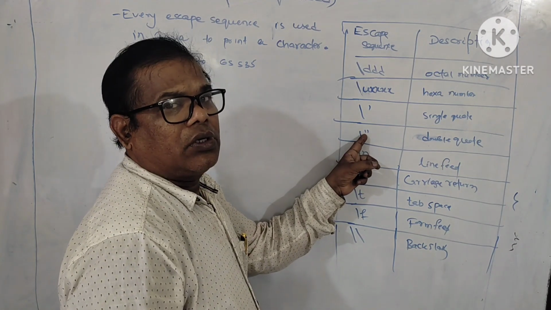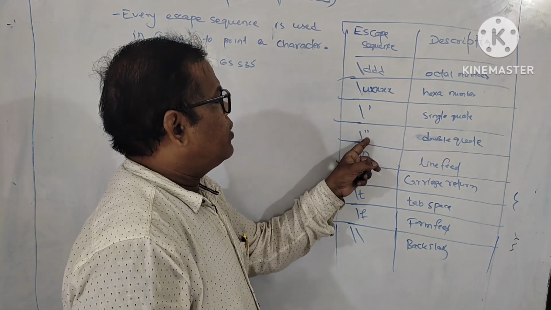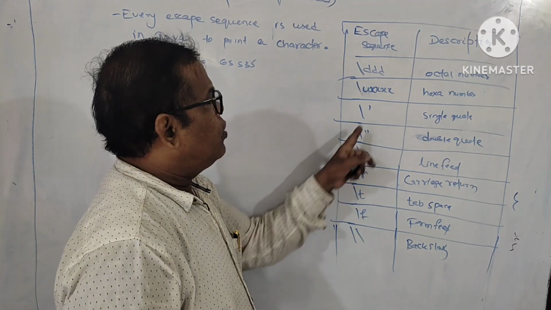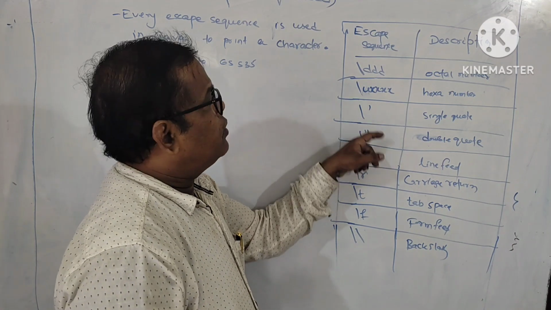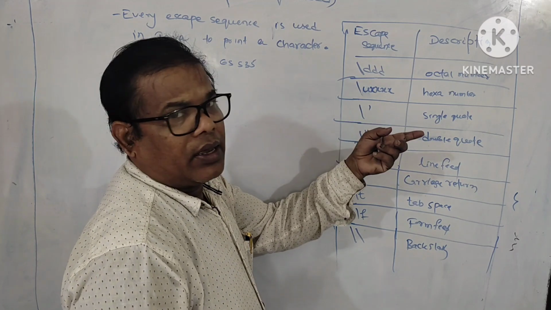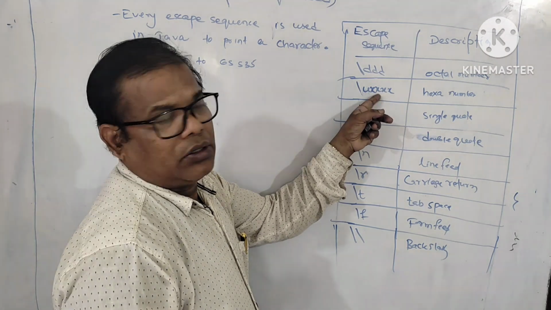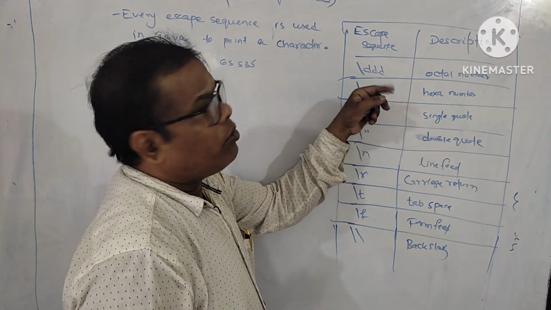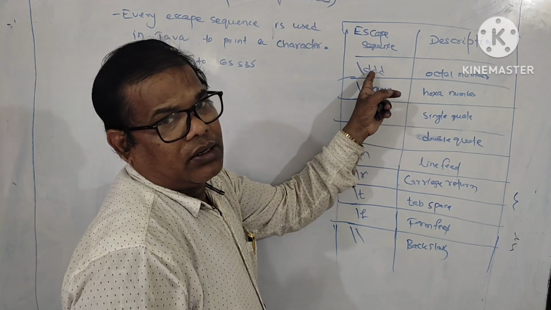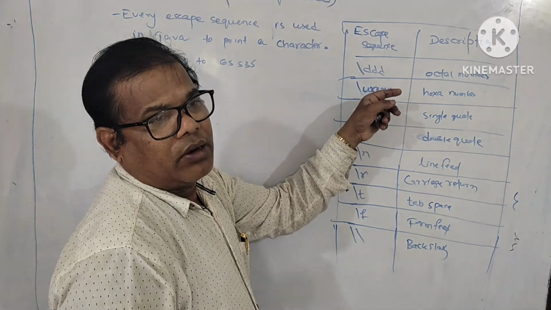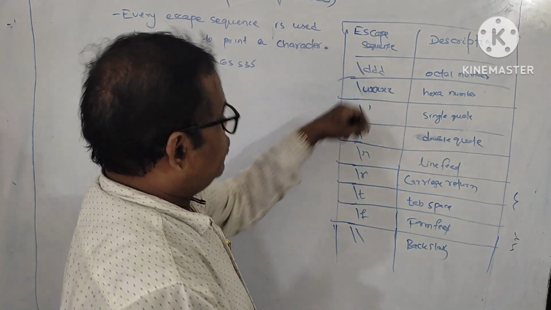If you want to put a double quote in your string, you write it like this, and automatically the double quote will be printed. I will show you. If you want to display a single quote, you write it. If you want to print a character given in hexadecimal notation, you use this one. If it is given in octal equivalent, the character will be printed if you write it in this escape sequence format.